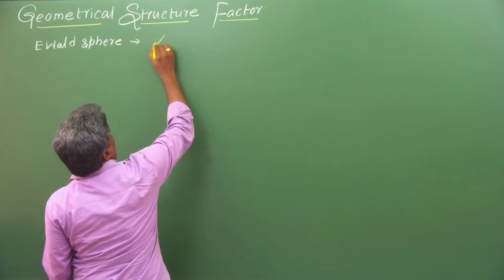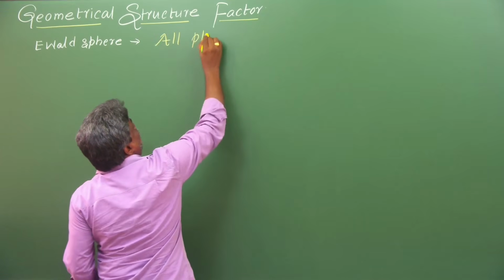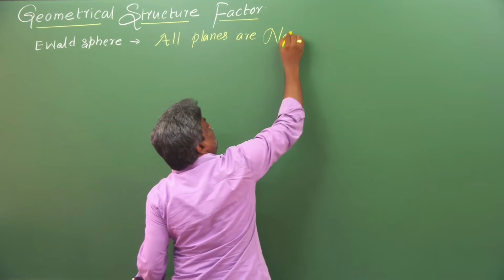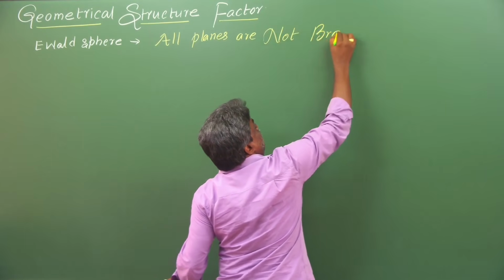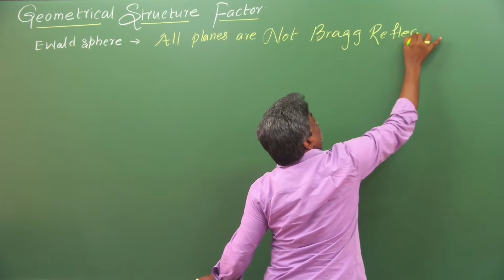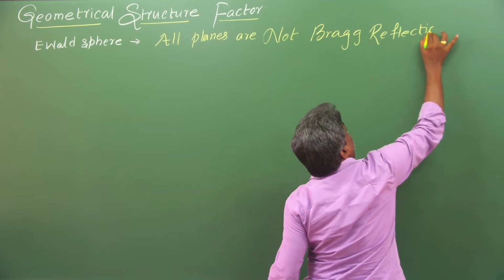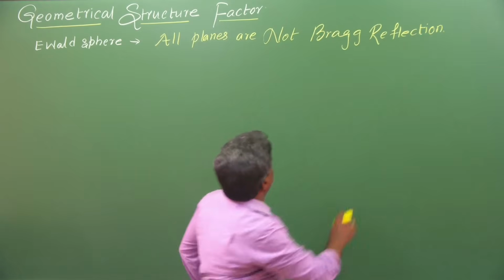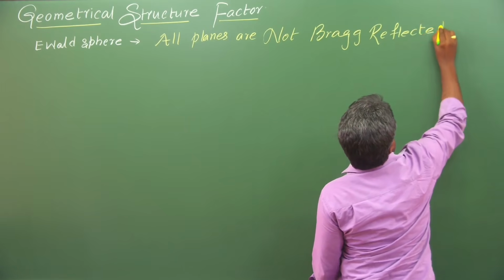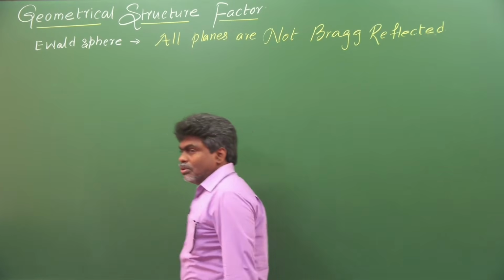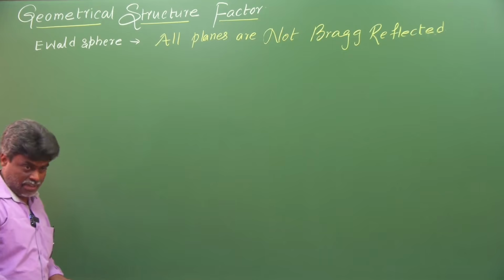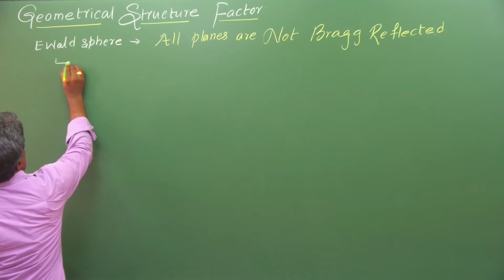All planes are not Bragg reflected, meaning no diffraction occurs in a particular direction. So how to know which planes are getting reflection and which planes are not getting? That is the study now.